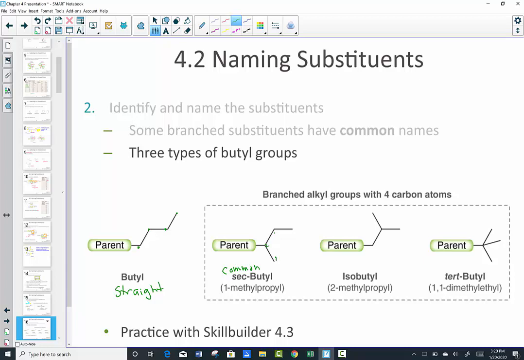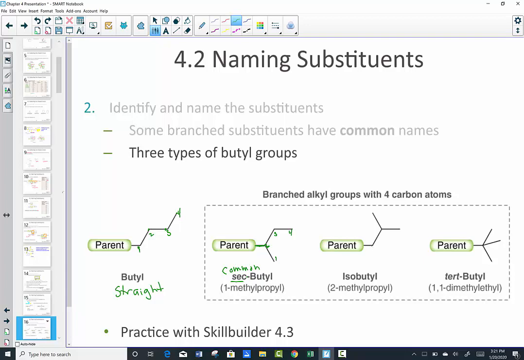Notice here in our 4-carbon chain, the parent is now attached to carbon 2, not carbon 1 like it was before. You see that called sec-butyl. I want you to notice there's a hyphen separating sec and butyl. When we're alphabetizing, sec, meaning secondary, is not part of the consideration. We would go by butyl.